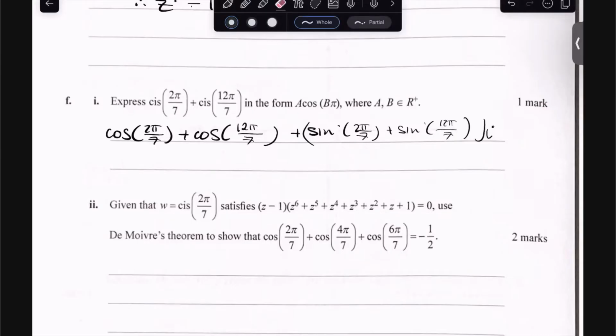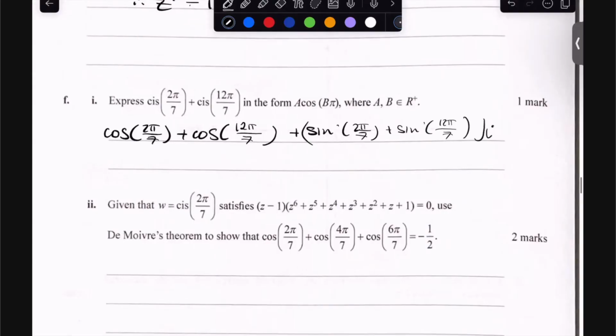Now, what can we say? 12 pi on 7 is like saying we're all the way in, which quadrant? It looks like about here. So I'm going to go in the opposite direction and go 2 pi minus, because that's not in its principal form.